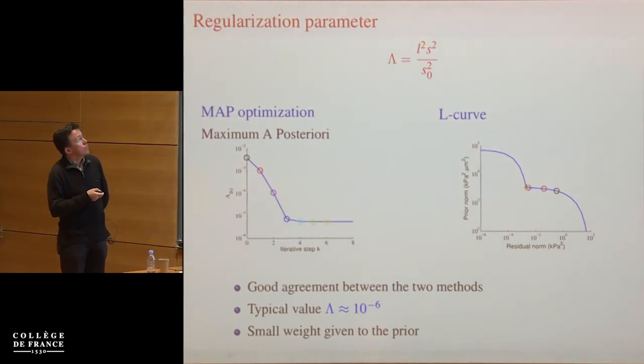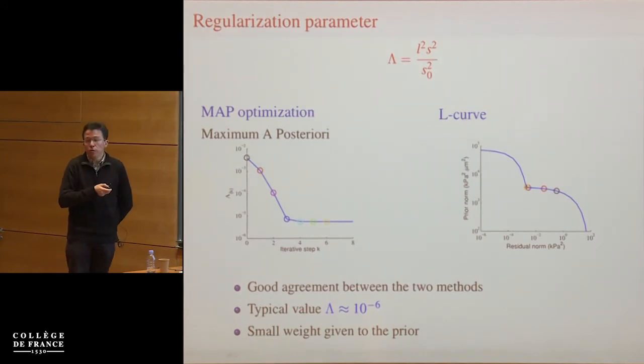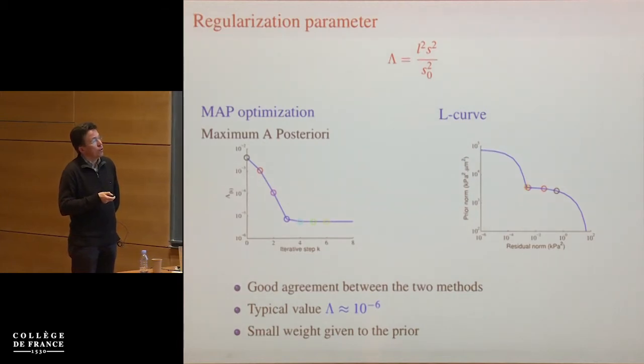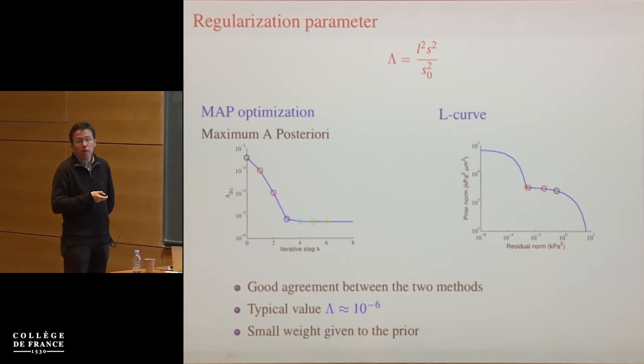So briefly, the first method, which is also commonly used in order to determine the regularization parameter for traction force microscopy, is the L-curve method. This is a parametric plot as a function of lambda of the norm of the prior versus the residual norm, which is the error that we make in the estimation of the stress.